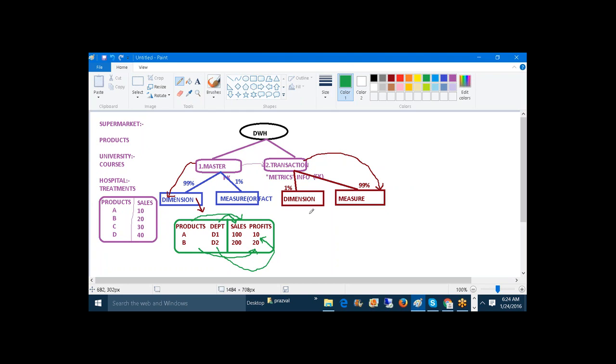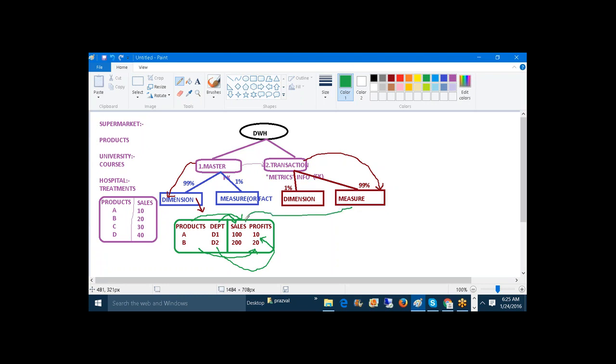Next, what about the measure? The measure indicates based on which numbers we want to analyze the business. Whether you want to analyze the business based on the sales or based on the profits. Let's say here, for example, you have the sales and profits.